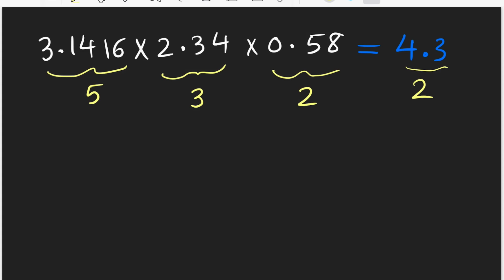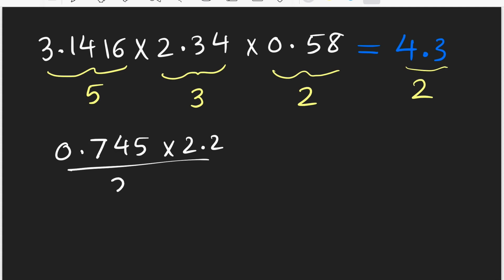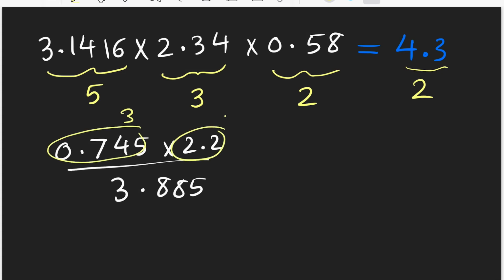The next example, I have 0.745 times 2.2 divided by 3.885. Again, I see that this has 3 significant digits, this has 2 significant digits, and the denominator has 4 significant digits.